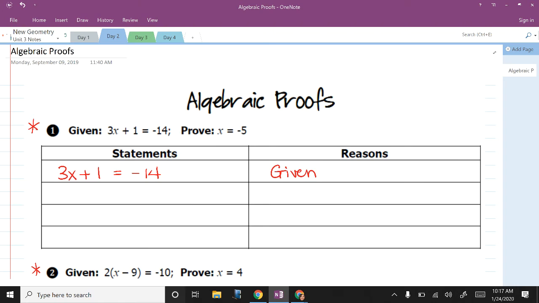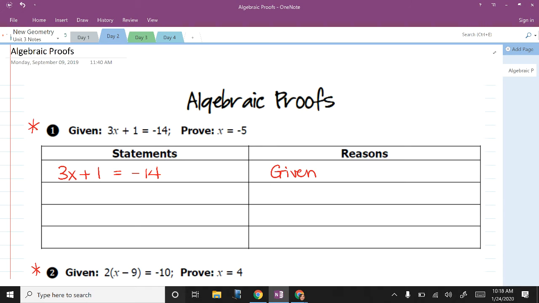But this time we're just solving an equation. So each statement will be the next line of the equation. When you get to what it says to prove, x equals negative 5, then you're done with the proof. So when I get to this, and I write the reason for it, I'm done.